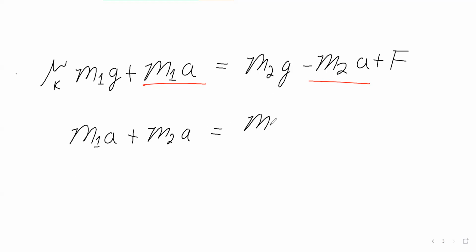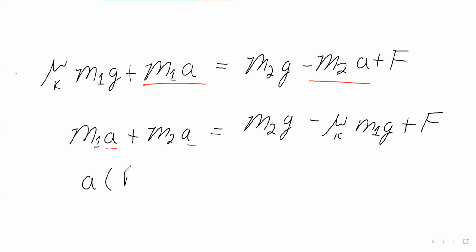But then I'm going to keep my right side and subtract away mu M1G, and I still have F. Now, A appears in both terms, so you factor it out.